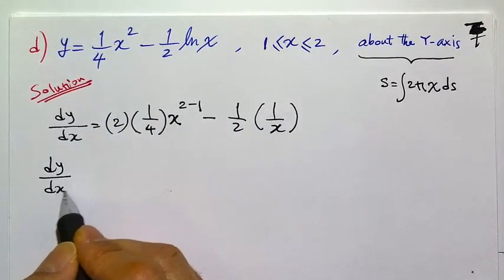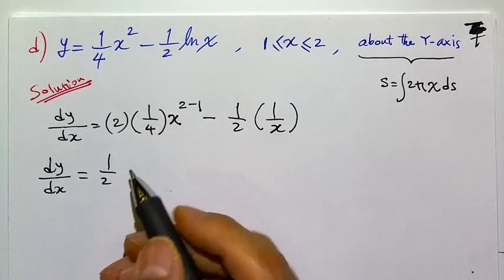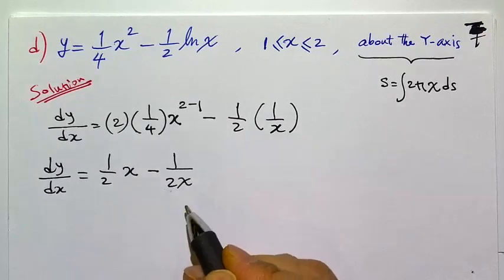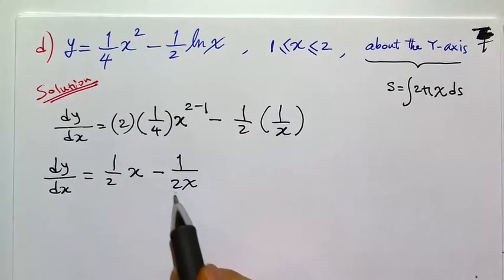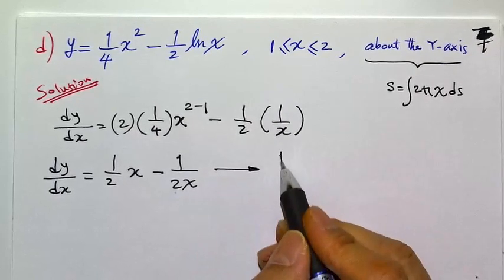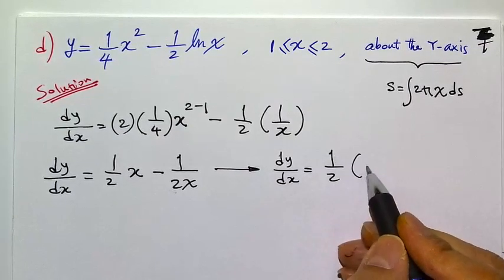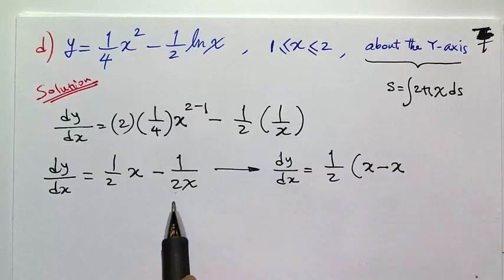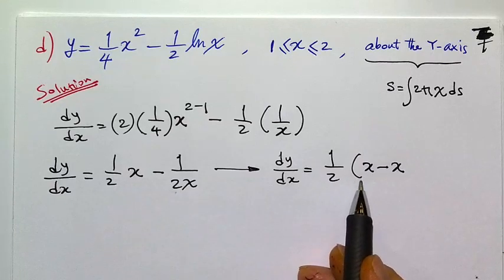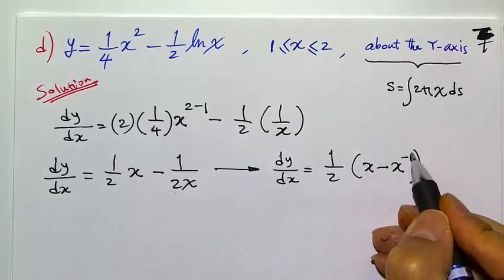So dy dx would be equal to 1/2 x minus 1 over 2x. This is similar to what we had in this previous example, this piece. So we have dy dx equals 1/2 times x minus x to the minus 1 power, factoring the 1/2 out, right? So let's write it like that.